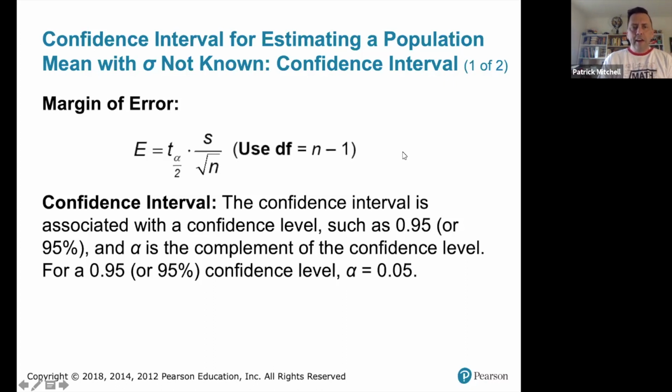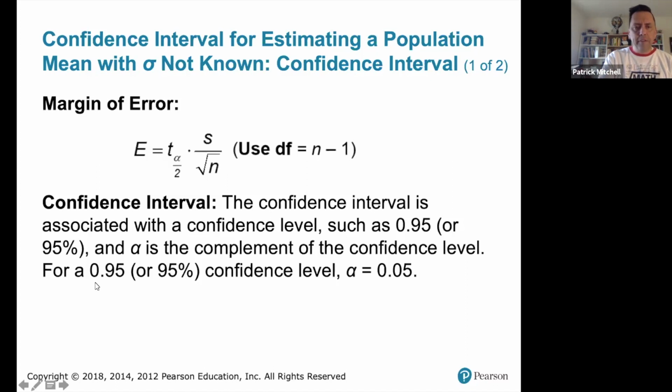The confidence interval is associated with a confidence level such as 0.95. Remember in the last section, we talked about the most common confidence levels are 0.90, 0.95, and 0.99. It is possible to talk about other ones, but those are the most common ones.